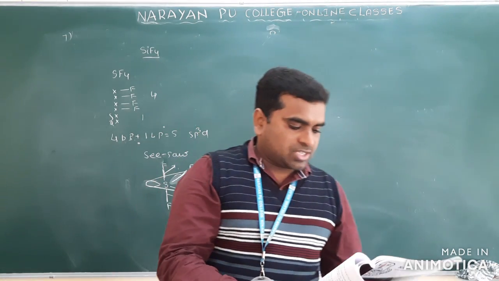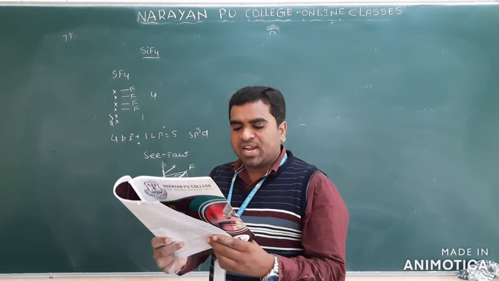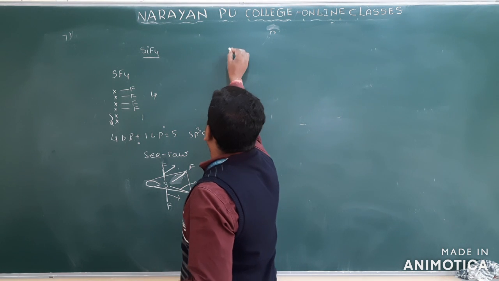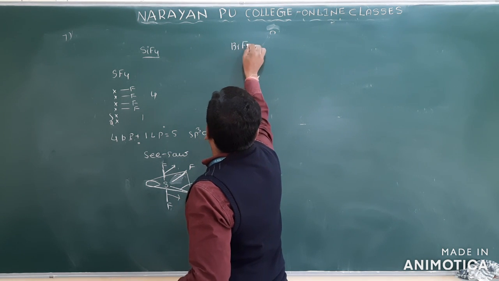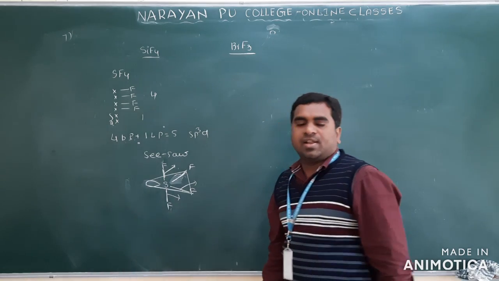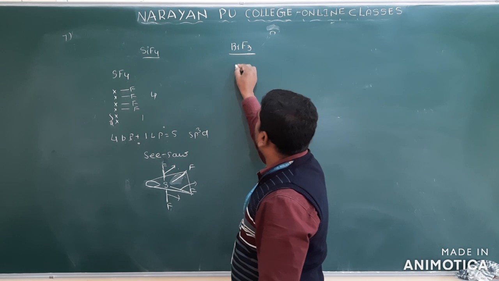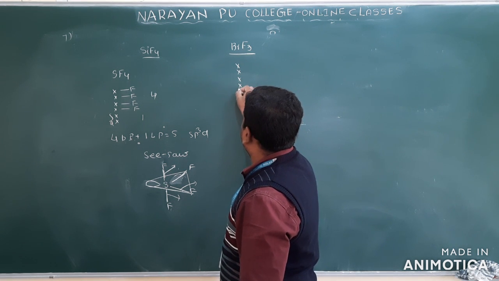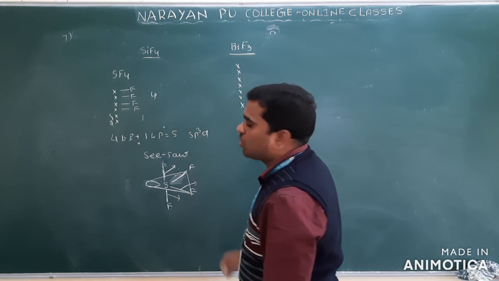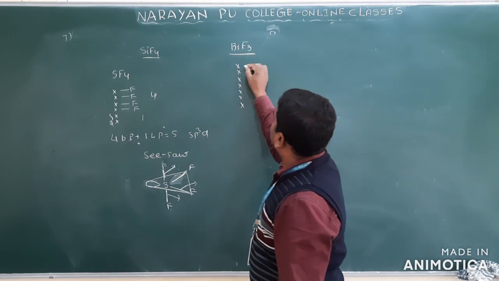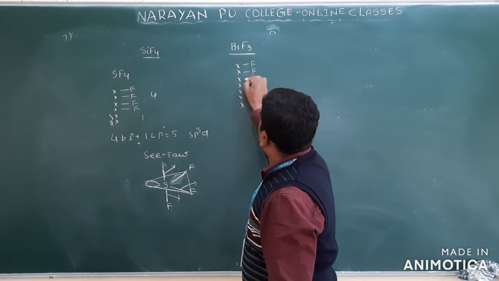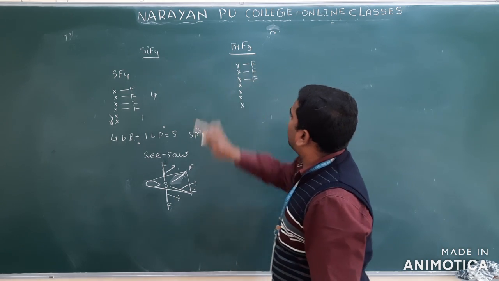Clear? Next one, the 10th one. The hybridization and geometry of BrF3. You have to calculate the hybridization and also state the geometry. Bromine belongs to the 7th group, so you write 7 electrons. Each fluorine needs 1 electron to form a bond from the bromine.